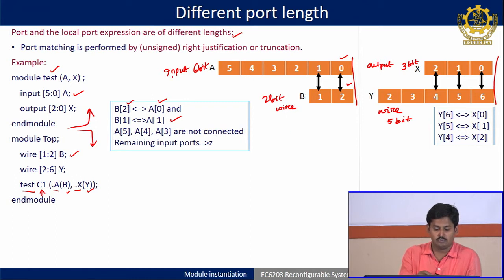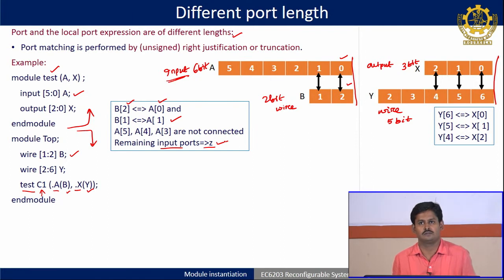As this is an input port, the rest will not be connected or associated with any bit of B, as it is less than that of the A bit vector. As it is an input port, the remaining value will have a value of Z, high impedance. It is very easy to understand.